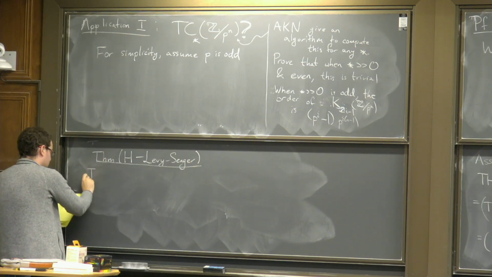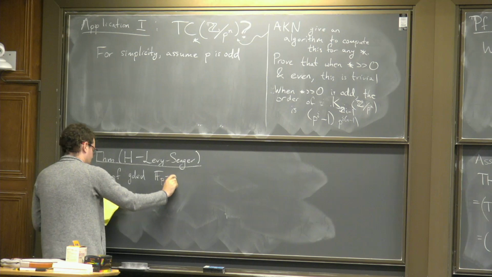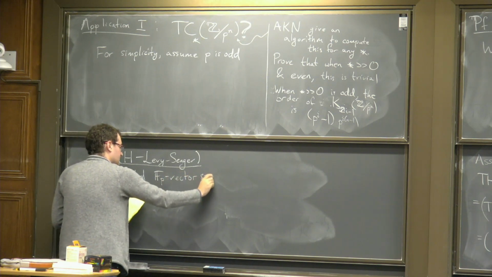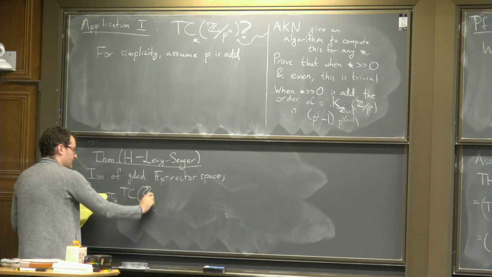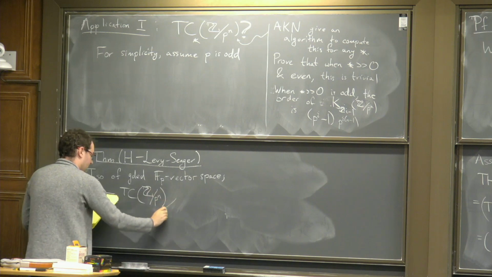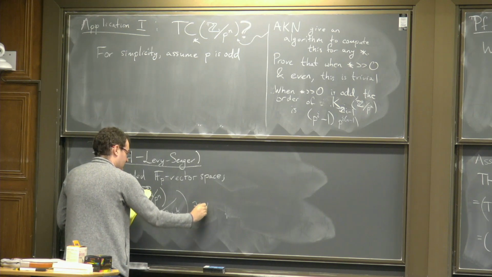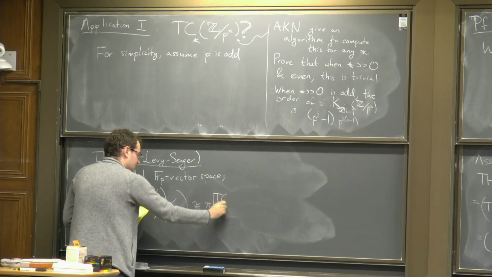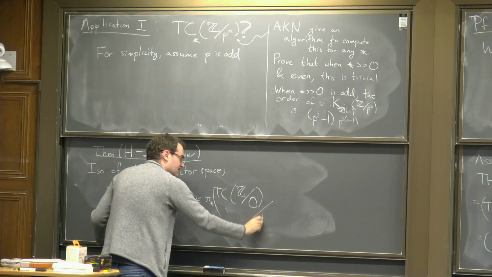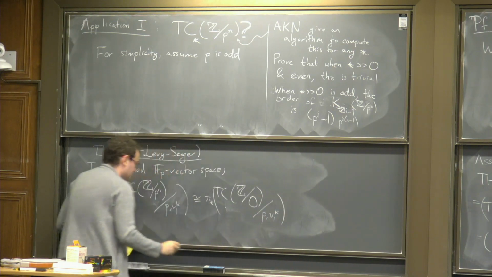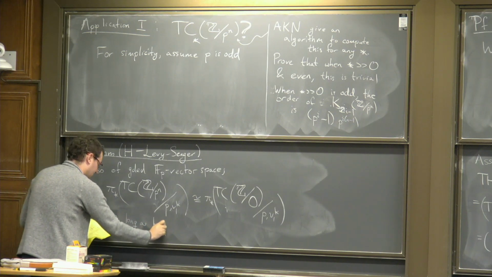There's an isomorphism of graded F_p vector spaces: pi star of TC of Z mod p to the n, mod p v1 to the k, is going to be the same as pi star of TC of Z mod 0, mod p v1 to the k, so long as k is less than or equal to p to the n minus 2.